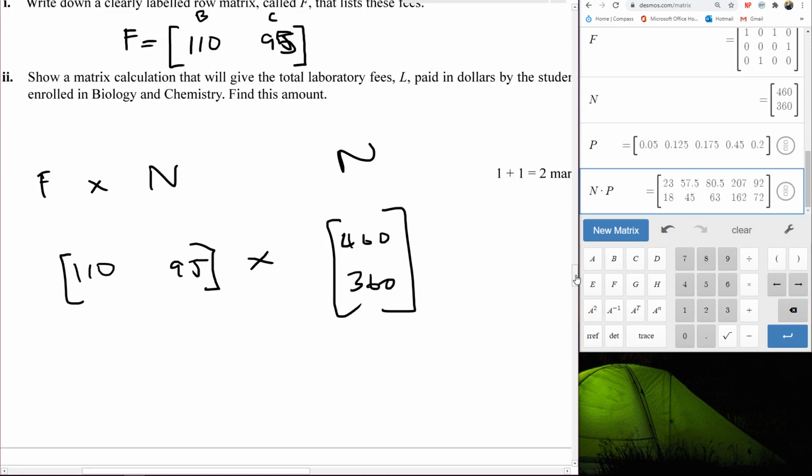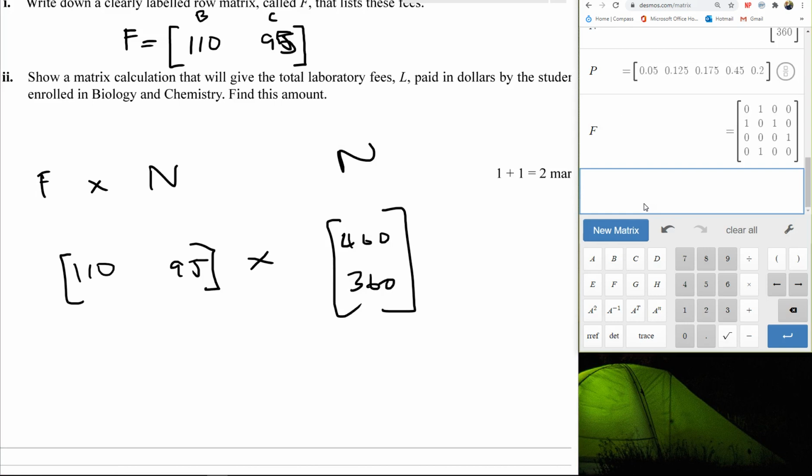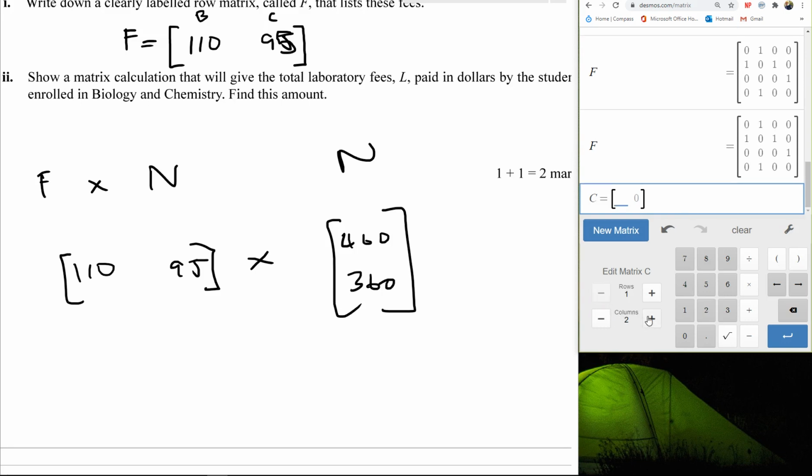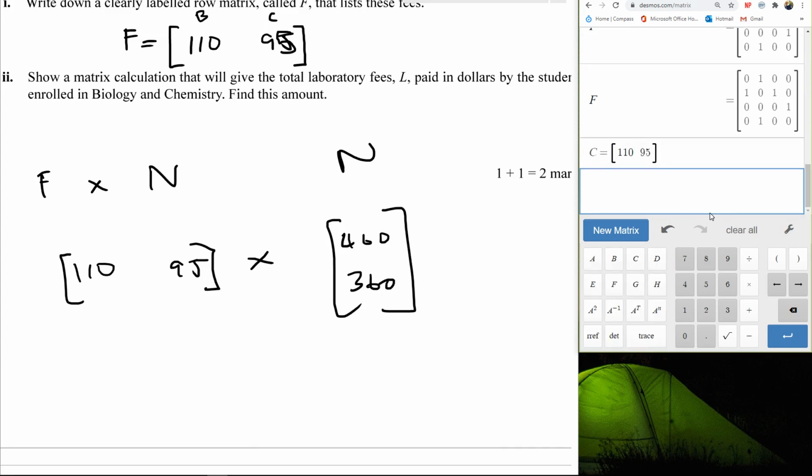So when you multiply them together, I've already done F here, I believe. Oh no, I haven't. I'm going to make a new F matrix then. This has one row and two columns, and you have 110 and 95. I've just called it C. Sorry guys, it's called matrix C now. I should call it F there, but please don't get confused.